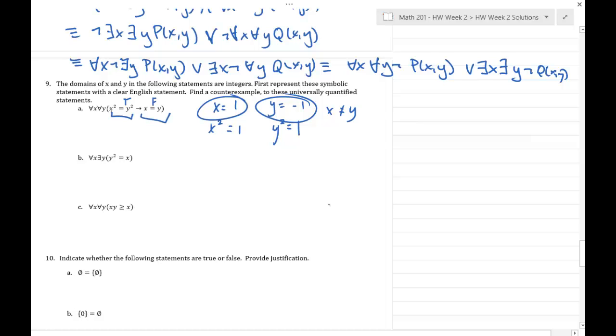So what I'm going to do is just write out each symbol's meaning piece by piece. The upside down A means for all, and x is an integer.